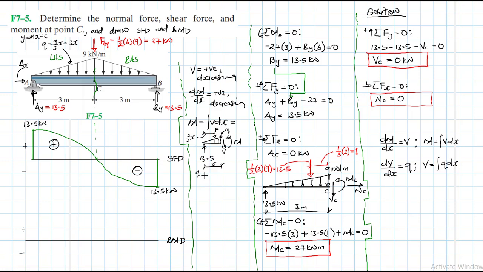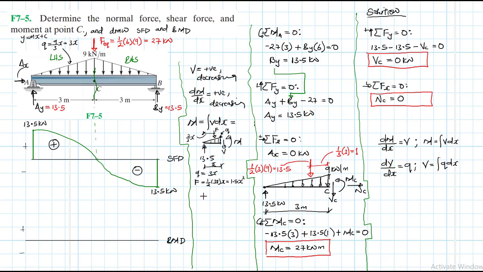So finding F, this q is equal to 3x, and therefore F is equal to half times q times x, which is therefore equal to 1.5 x squared.